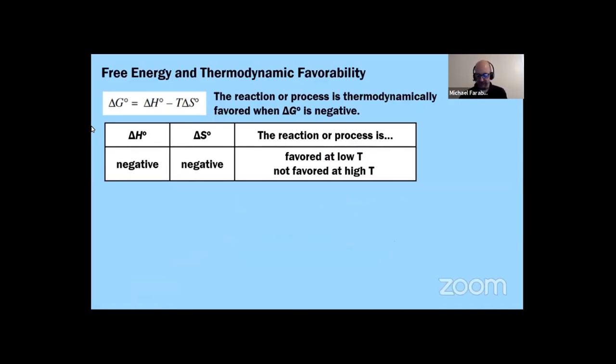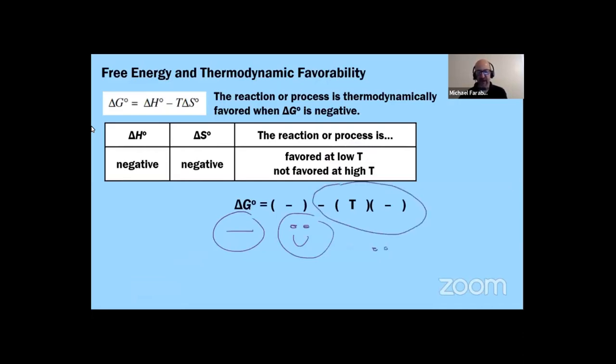Now, if we do the same kind of scenario here, we have delta G is negative. We want this to be negative, so therefore this part, which is the delta H, that's a good thing. But unfortunately, a negative times a negative is a positive. So we do not want this term to overwhelm the delta H. So therefore, only at low temperatures would this reaction be favorable, because if T gets too high, then the T delta S term might have a greater magnitude than the delta H, so low temperatures.